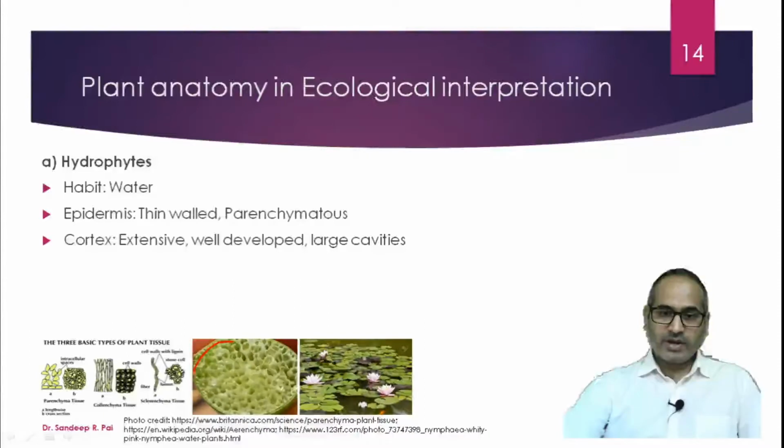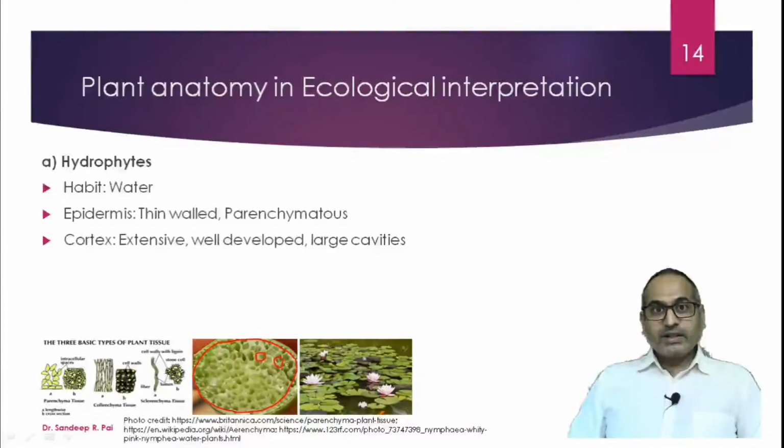This particular figure shows that there are large air cavities in the section of the stem. And then I also wish to tell you that the best example for this would be Nymphaea, the lotus plant. You will see the leaf of lotus always floating over the water.